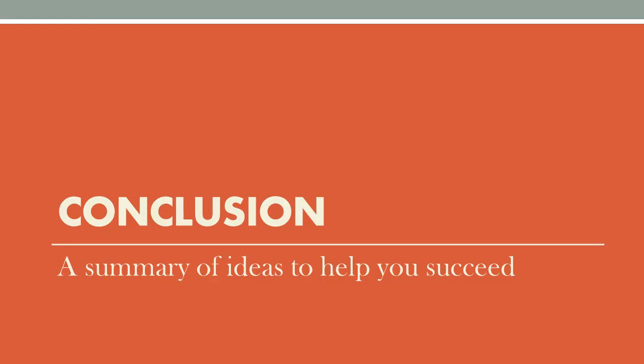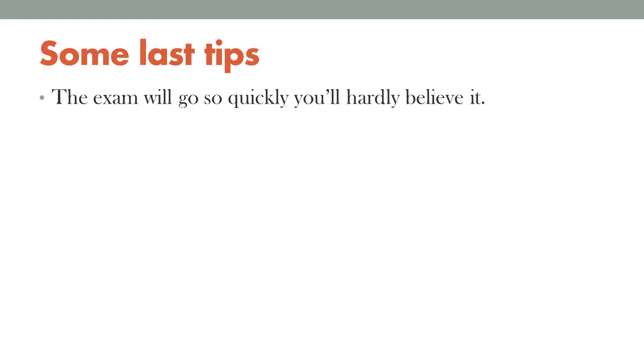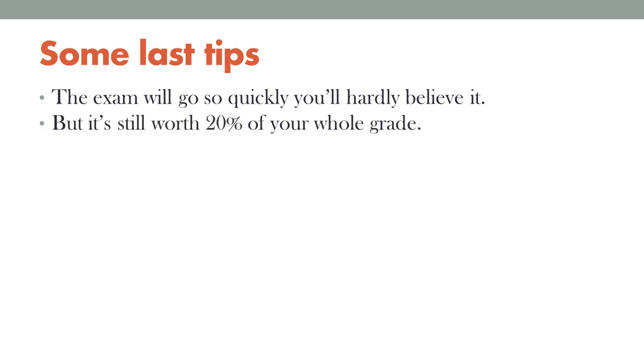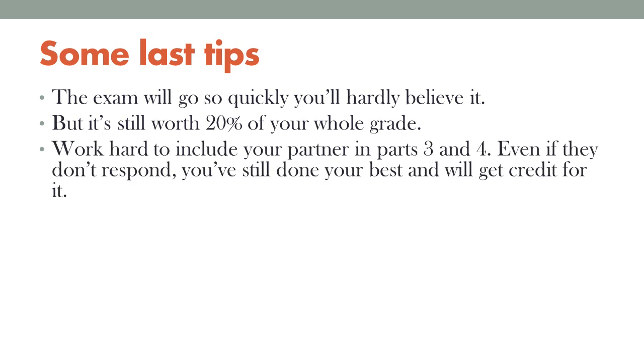Okay, so let's have a quick look at some general tips that will help you through this paper. Now, the exam will go quickly, very quickly, but it's worth 20% of your whole grade. So work really hard. And especially work hard to include your partner in parts 3 and 4. A lot of people ask me, well, what if I have a shy partner or somebody who doesn't want to talk?